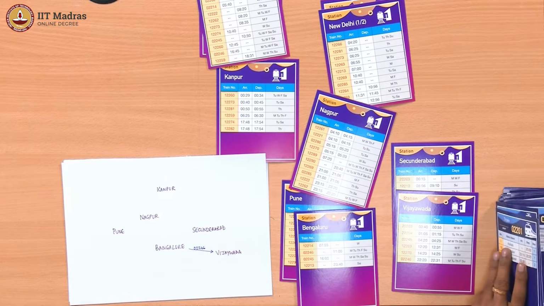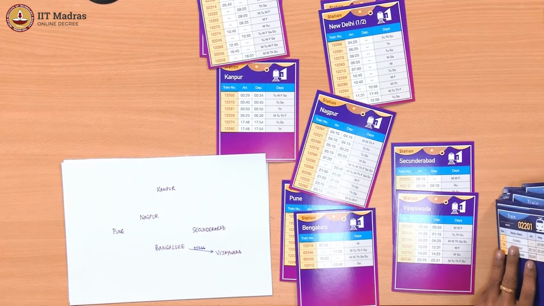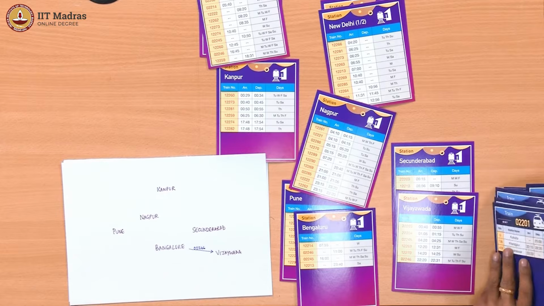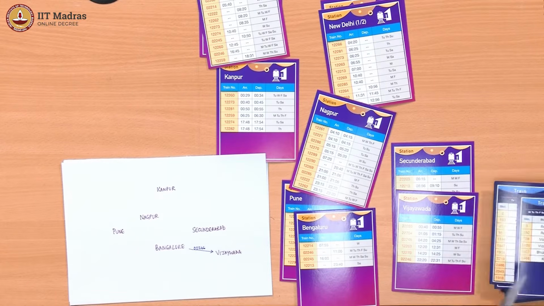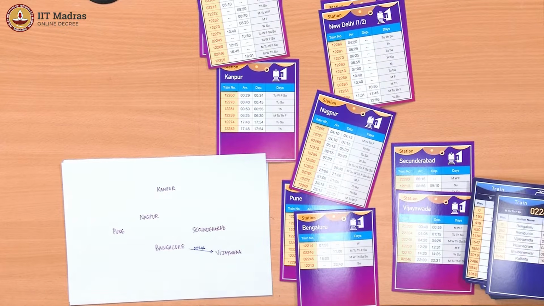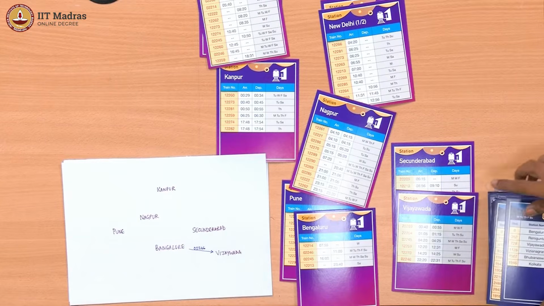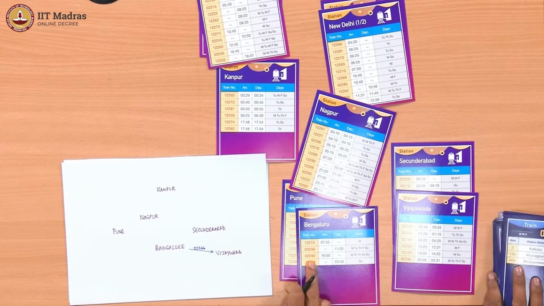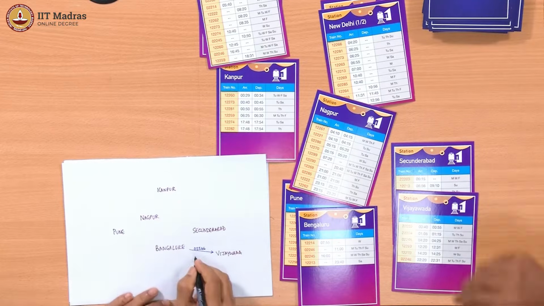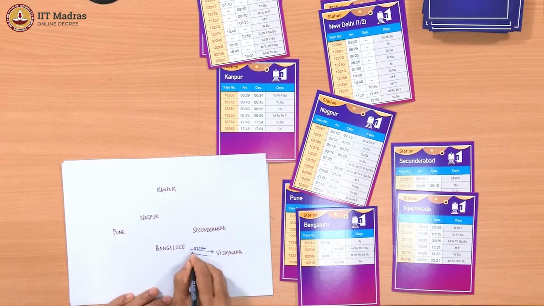It must be going further also, very likely at least going to Calcutta. So Bangalore, Vijayawada, Calcutta. This is at least there, and the reverse train would be 2245, which arrives in Bangalore. So we have this information. Nice, this is one step.